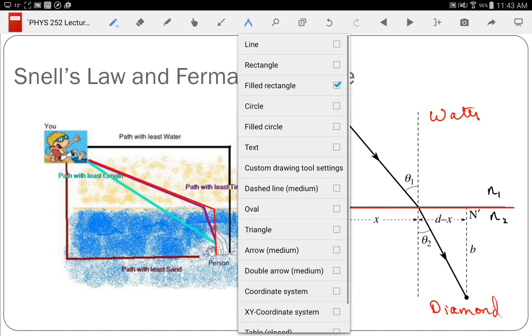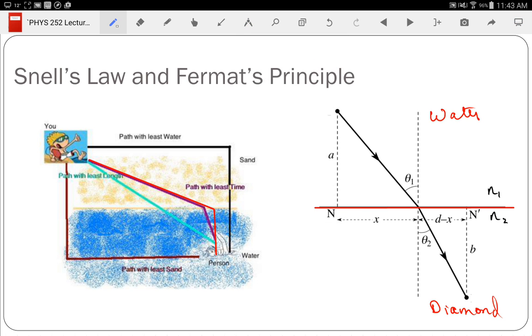Okay, got rid of everything I'm not interested in, and we'll name this from point A to point B. Good? So we want to find the path that takes the least amount of time. So we have drawn a proposed path that goes from A to a position that I will call C, and then from C to B.